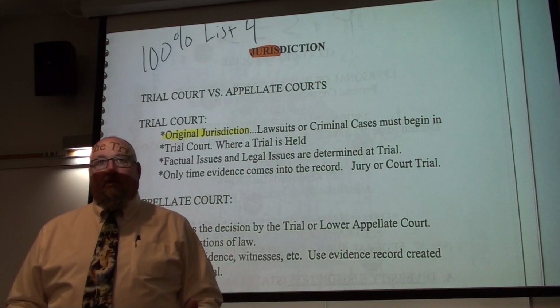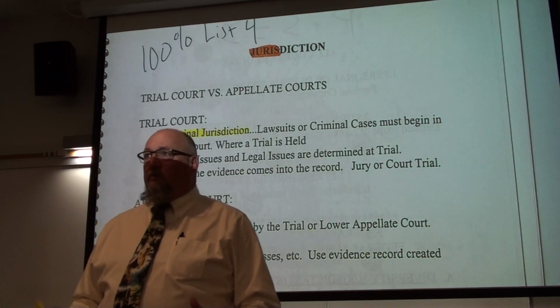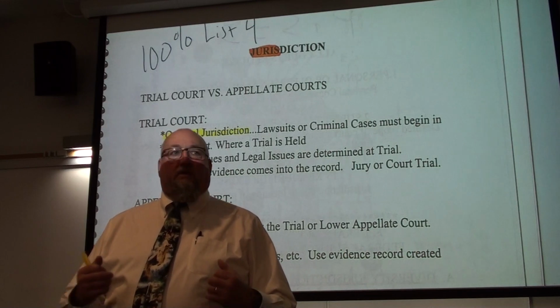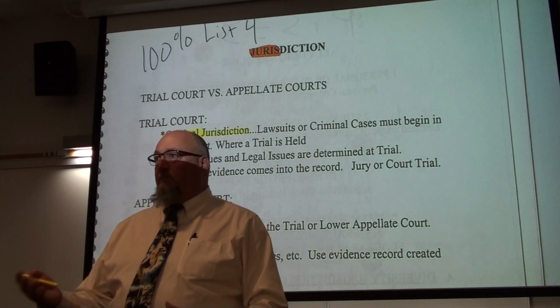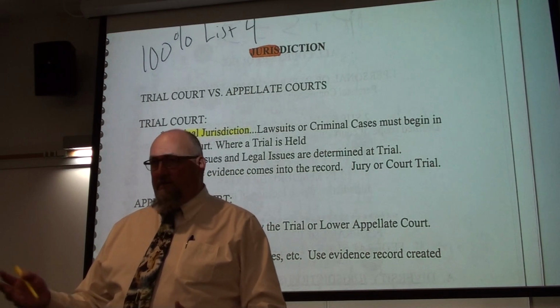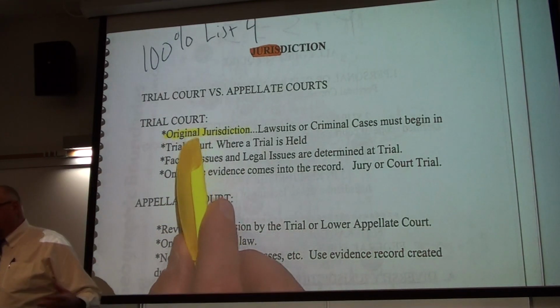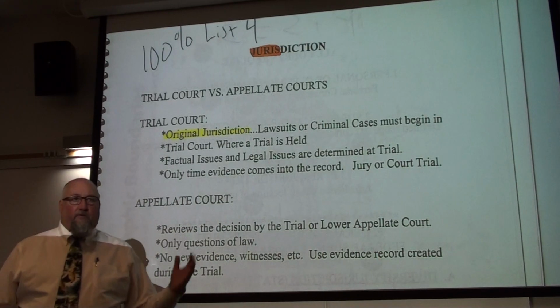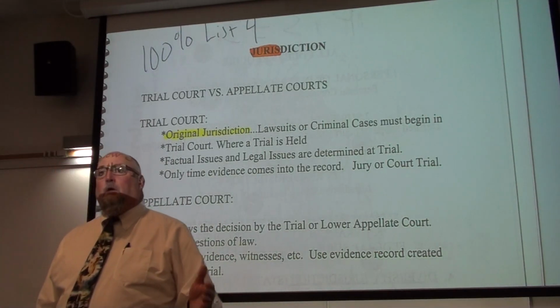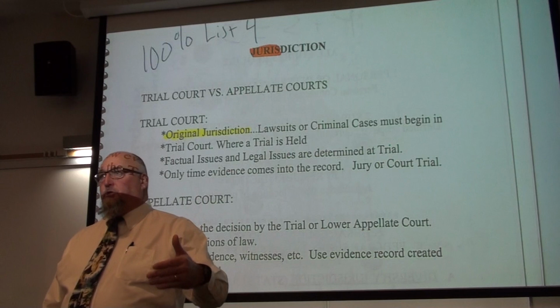For purposes of this class, especially in civil court cases, we're talking about a trial court at some level: city, state, county, or federal. So the first thing I want you to know, or this is actually the second type of jurisdiction. First is trial court jurisdiction. A trial court is a court of original jurisdiction.